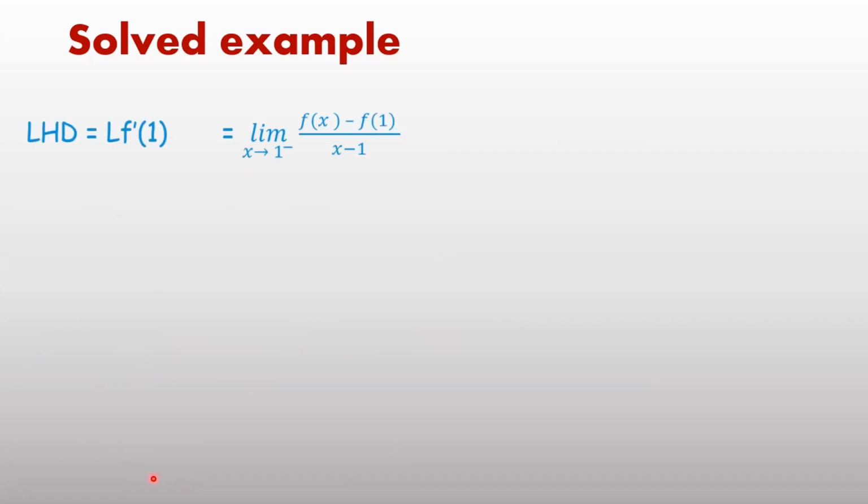First you have to calculate the left hand derivative using the formula: limit x tends to 1 minus of f(x) minus f(1) upon x minus 1. 1 minus means the value of x is less than 1. Put f(x) as x square minus f(1), which at x equal to 1 is 1 square, 1.